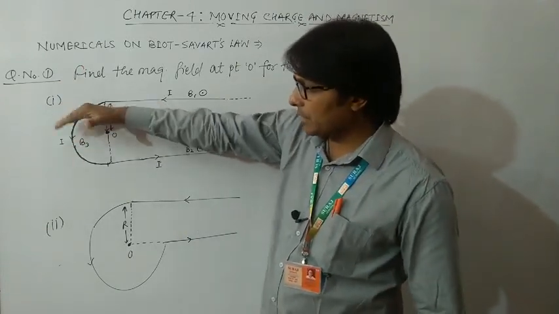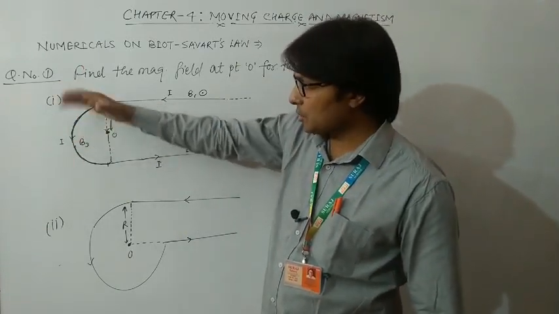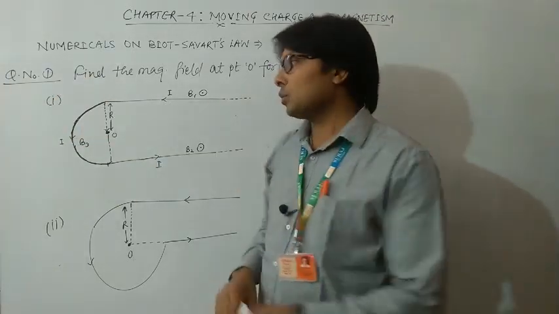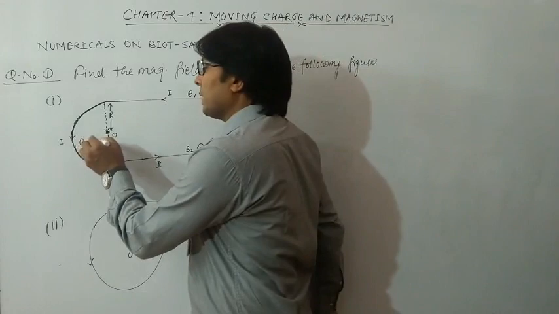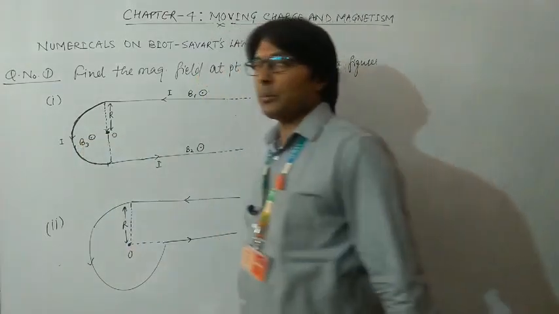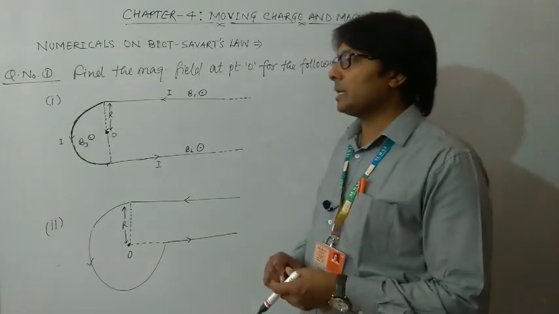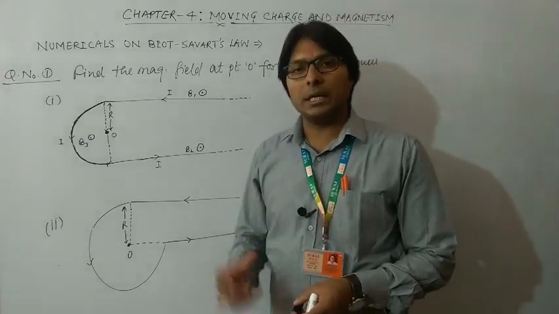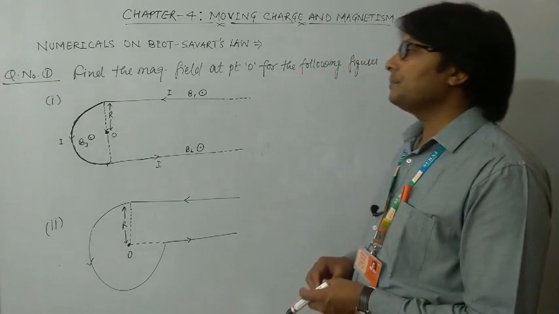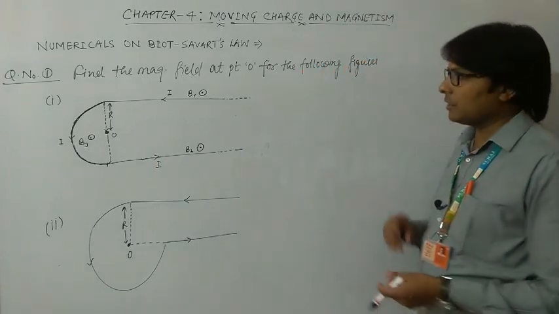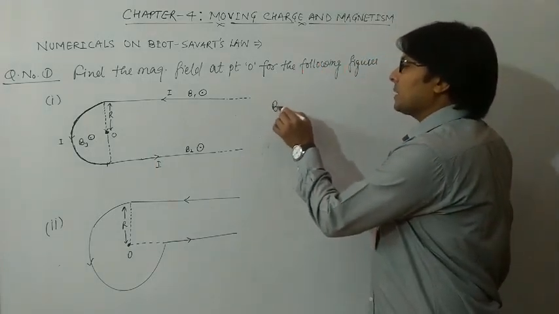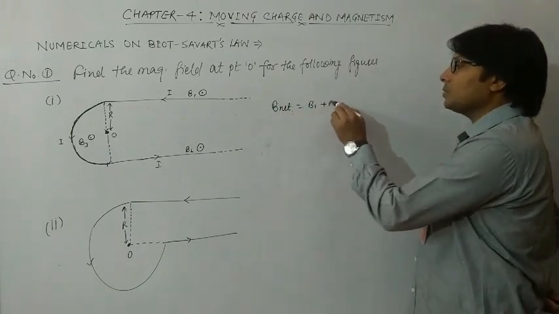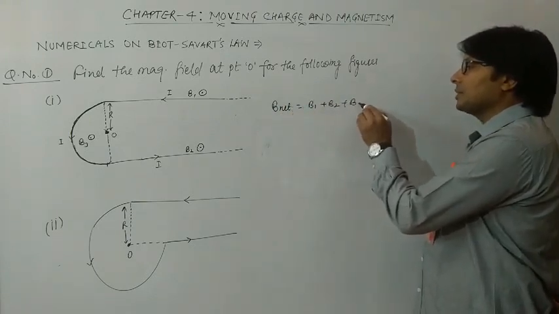So the magnetic field due to this semicircular loop at point O will be perpendicularly outward. So all the directions of magnetic field are the same, that is perpendicularly outward. So the net magnetic field at point O will be perpendicularly outward, and it will be the sum of all the individual magnetic fields. So net magnetic field can be written as B1 plus B2 plus B3.